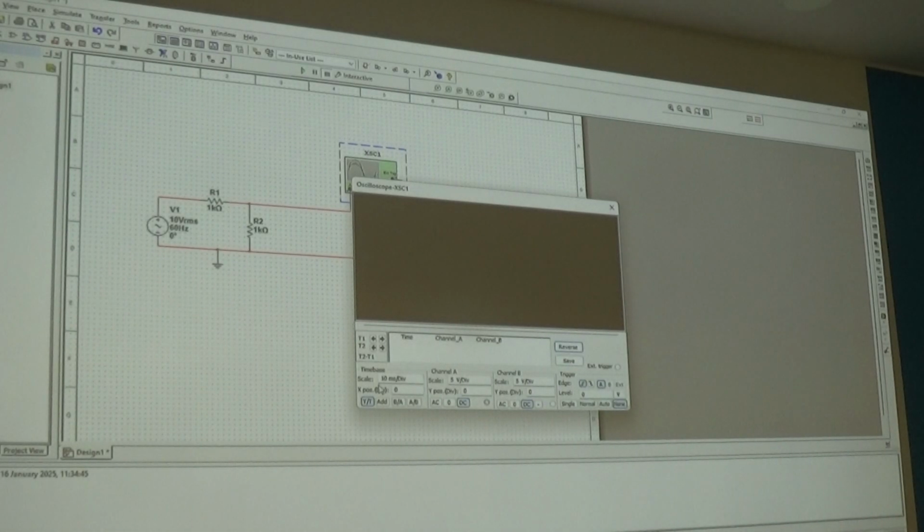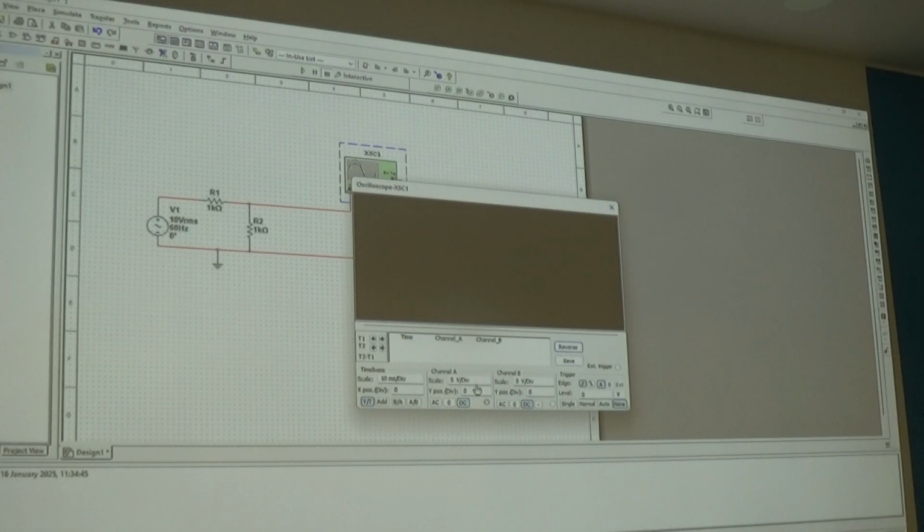So looking down the bottom here, it says time base, 10 milliseconds per division. So that means on the grid, in time, each one of those boxes is 10 milliseconds. And on the scale, each one of those boxes is 5 volts.